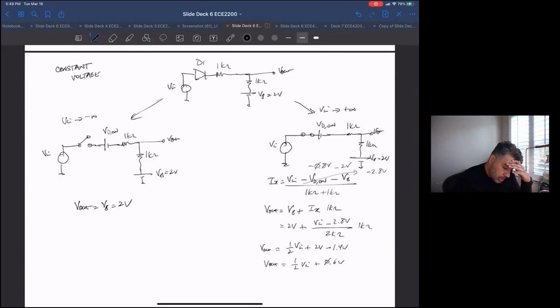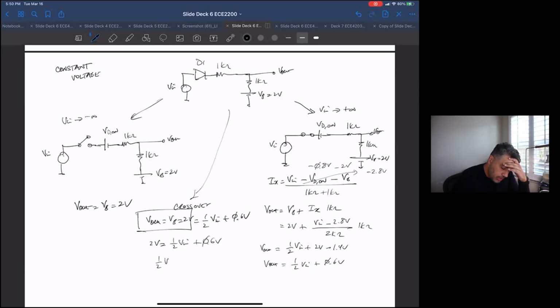Okay. So when we do the crossover, V out is VB, which is 2 volts, and at the crossover point these two are equal to each other: 1/2 Vn plus 0.6 volts. So 2 volts is equal to 1/2 Vn plus 0.6 volts.